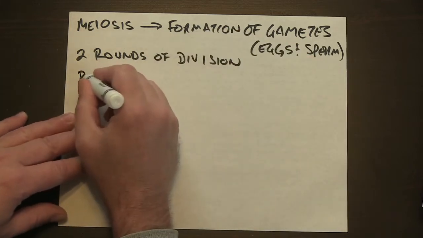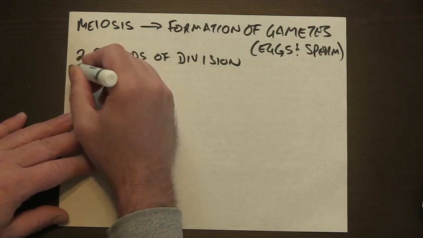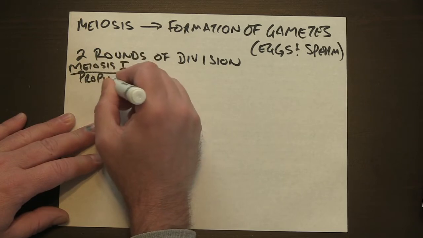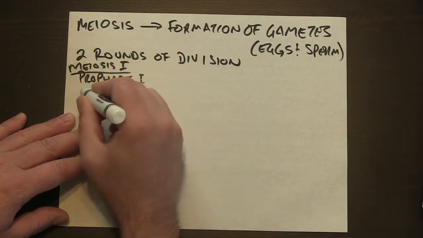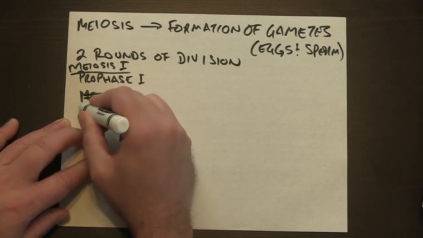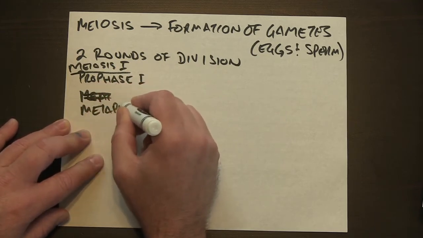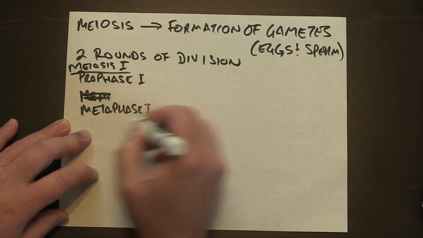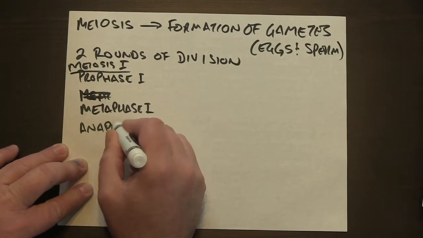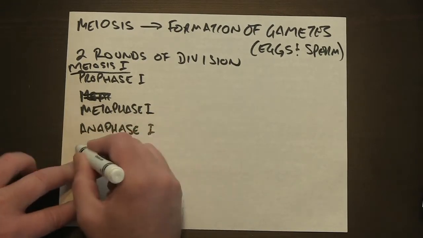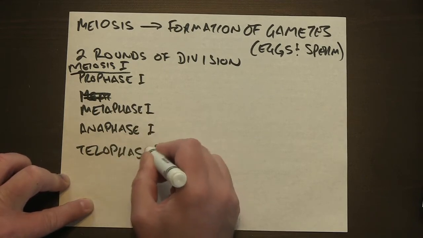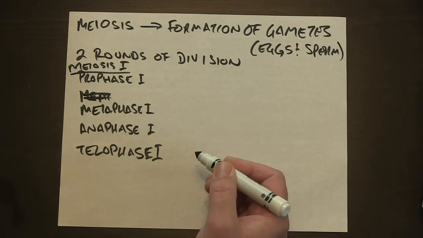And so we went through in class, so we have meiosis 1, which includes prophase 1, metaphase 1, and then anaphase and telophase 1. Okay.